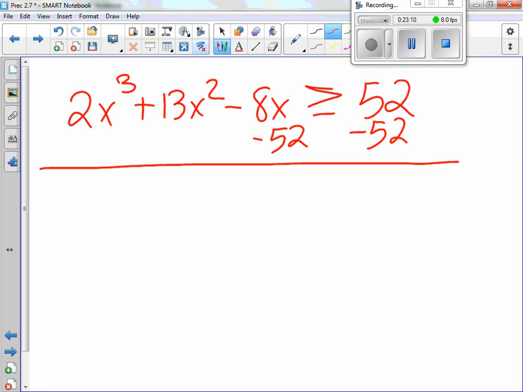But we're also moving where it's greater than down 52. So this would have been up 52, but now we brought it down 52, and we also brought both sides down 52. It's not changing the zeros, it's changing how it looks. Does that make sense?